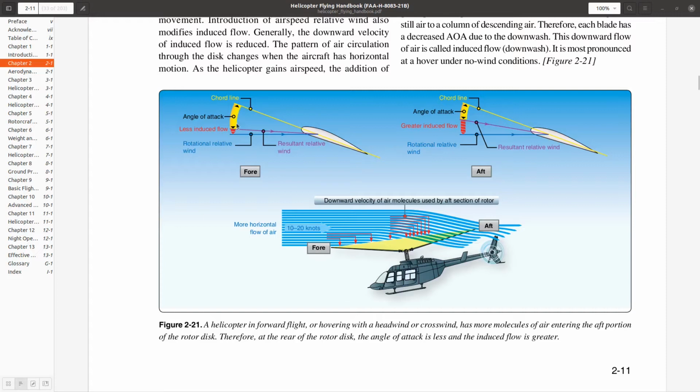So if you look at this picture, you'll see, all right, here's my angle of attack. And then I have my induced flow loss, if you will, right? That sucking down the air reduces the angle that I'm going to feel on the rotor blade.